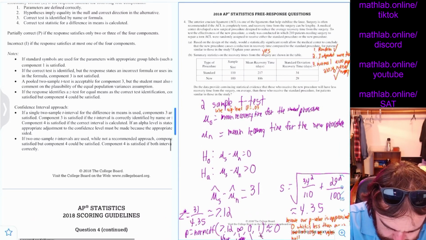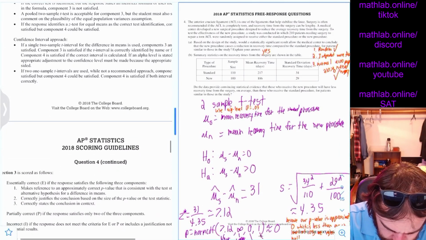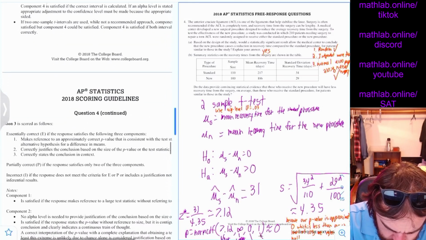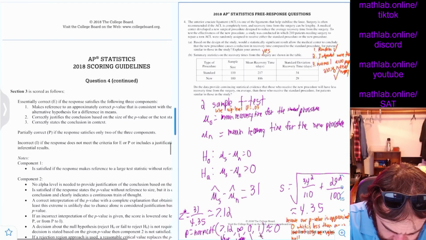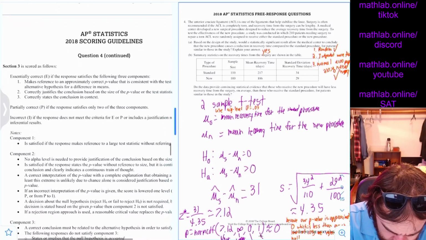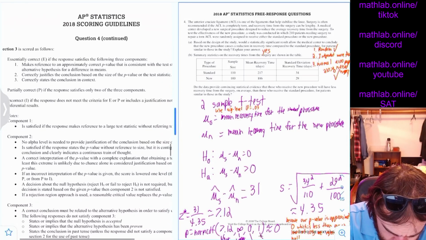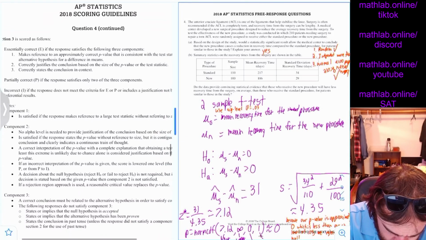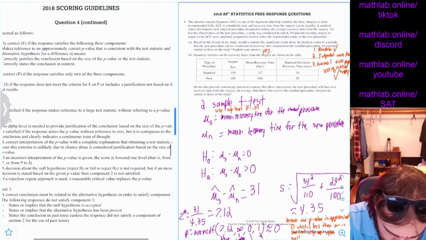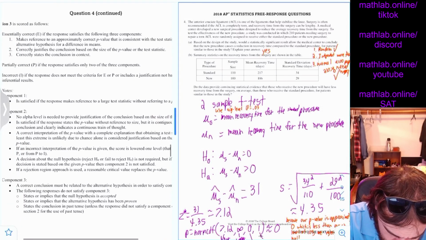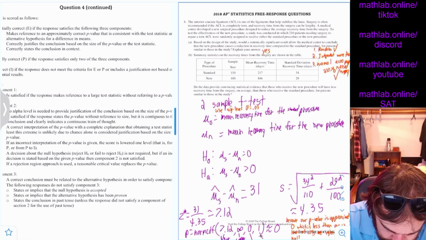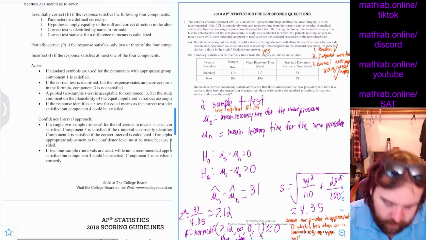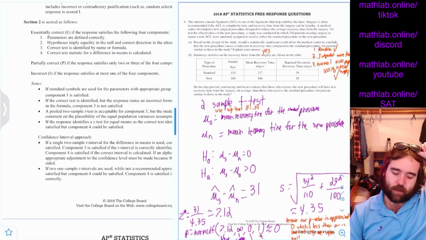I did. Makes reference to approximately correct p-value that is consistent with the test statistic and alternative hypothesis. So I think I got all of it, but just those two parts.